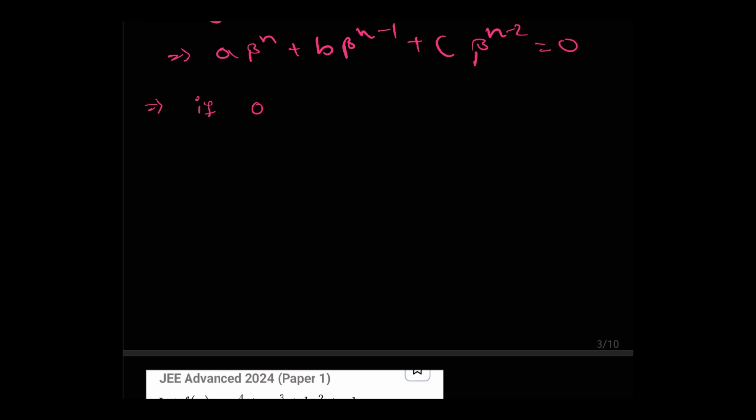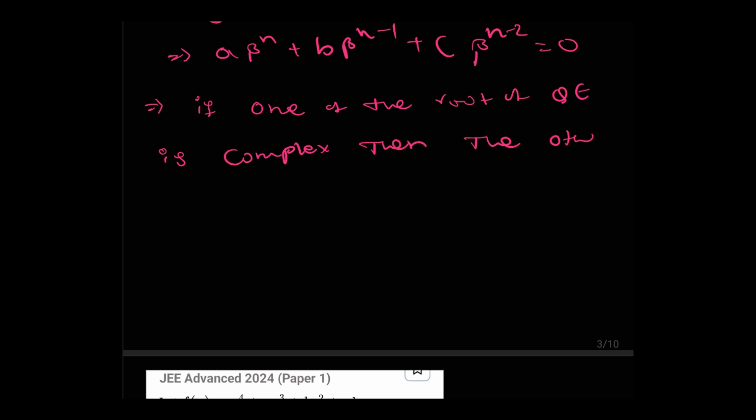If one of the roots of a quadratic equation is complex, then the other root of the quadratic equation will be the conjugate of the other root.